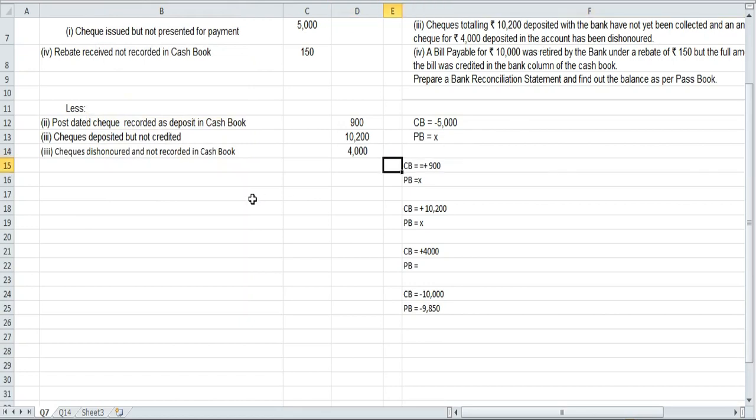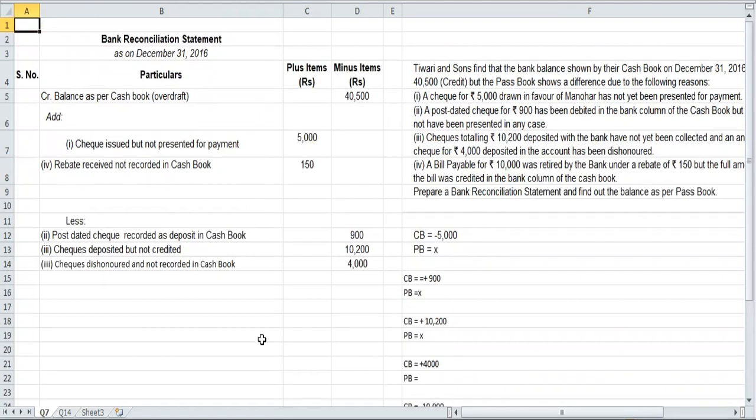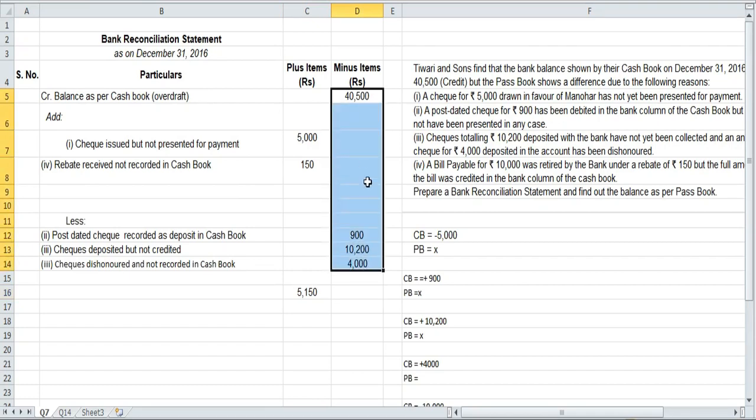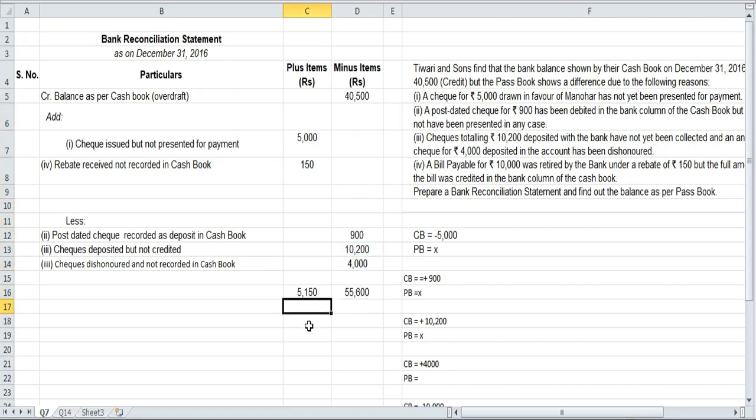Okay, now what we'll do, we're going to add this side. Okay, simple, how we have learned, 5,150, and this side we will add for your easy, so that it will be easy for you. This side is 55,600. So the balance is coming this side, so we'll minus this from this.